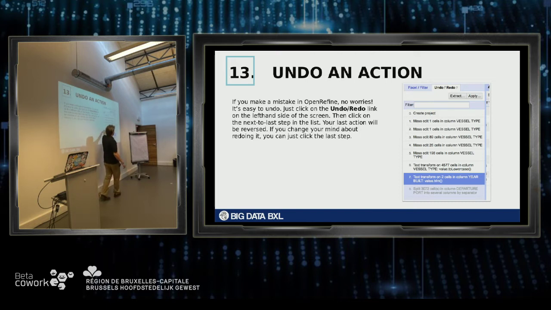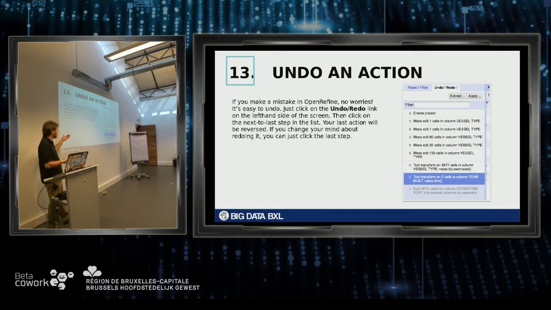And you can go back and forth in this history. You can undo things. Well, yes, you can undo that with Excel as well, but you have a clear view of what things you did, how many rows it affected, and what the entire transformation is.